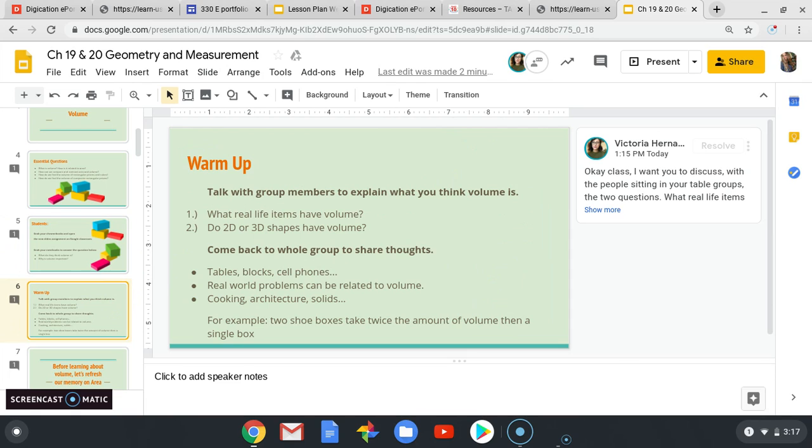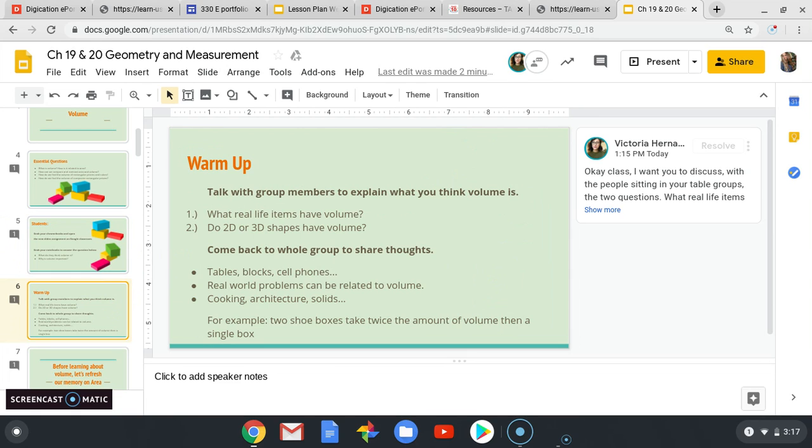We can talk about items in real life that have volume, like cell phones, which are relatable, blocks, tables. What real world problems can be solved with volume? Some things that come to mind, class, with volume in the real world is cooking.